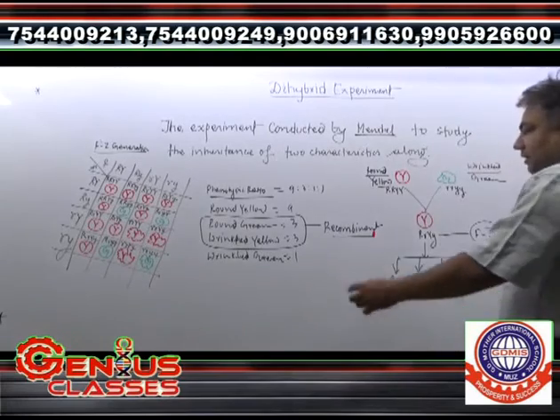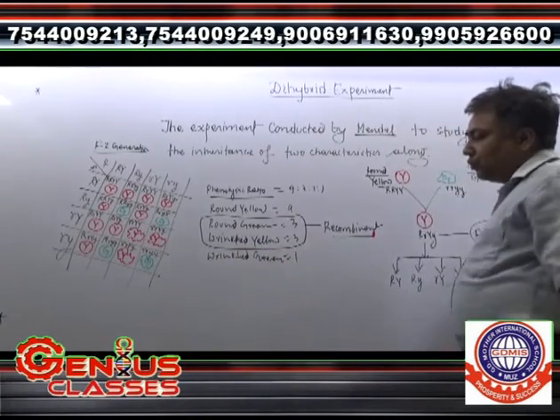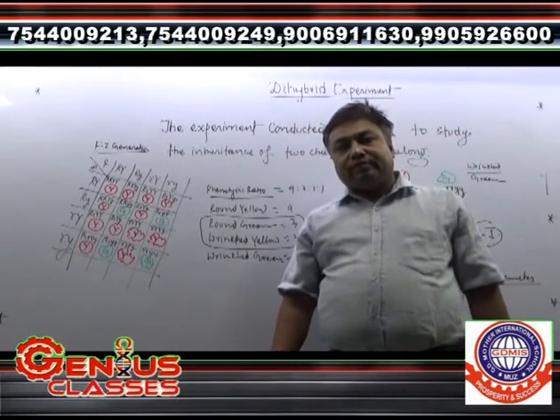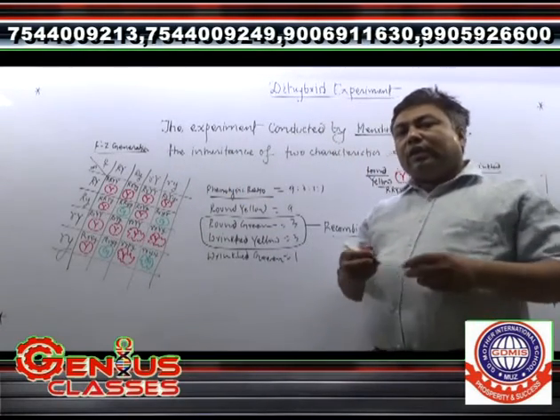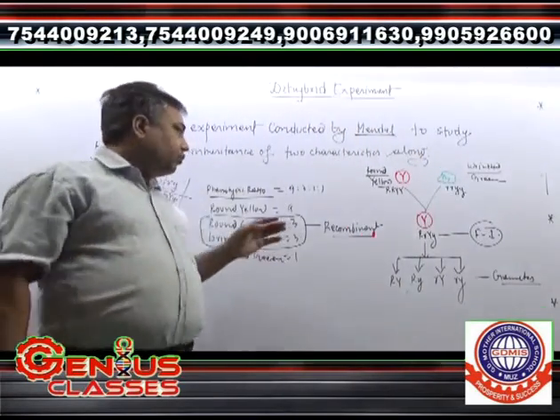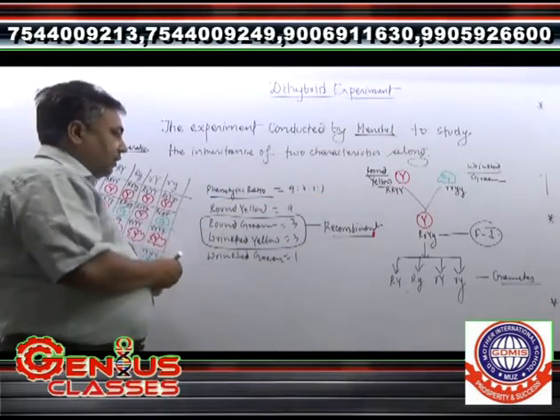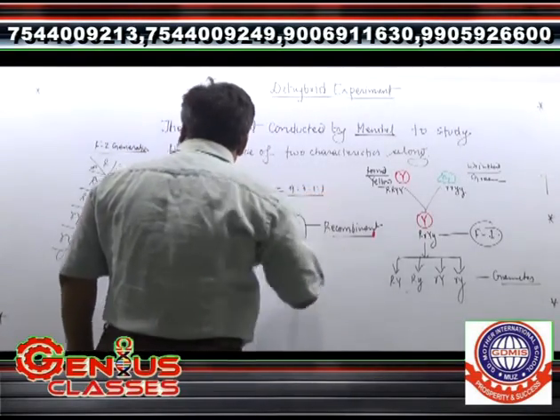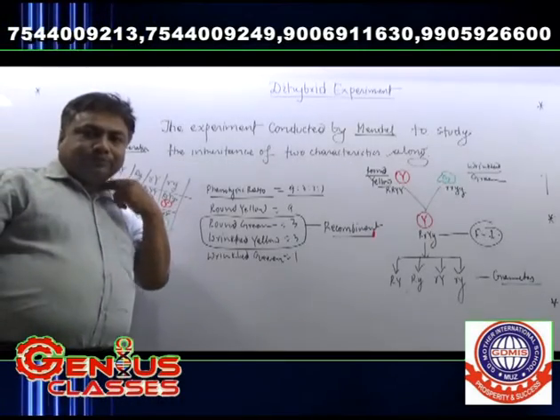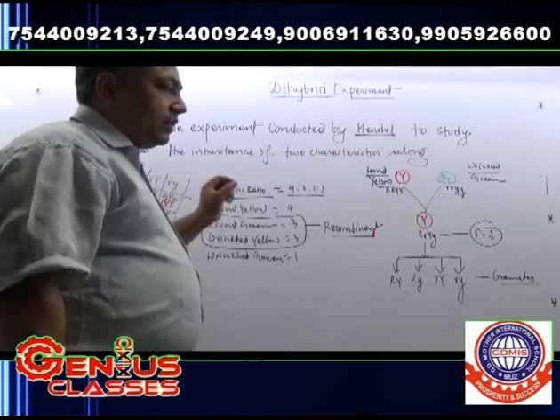The parental has combination wrinkled green, but here it is wrinkled yellow. So there are 2 types of recombinant which come in the F2 generation. So in F2 generation, the phenotypic ratio is 9:3:3:1. Whereas the genotypic ratio calculation is somehow different, as we will have to find out what is the number of a specific genotype in the progeny.